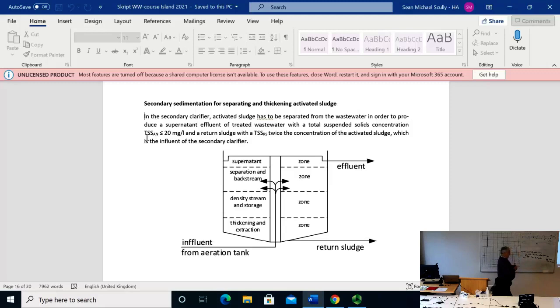Why did I leave something open there? I can't spot which term is missing. Well, what we don't consider is that you have growth here.